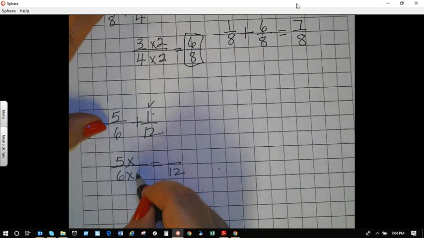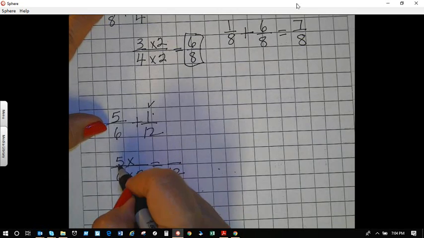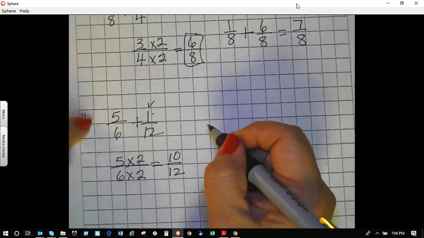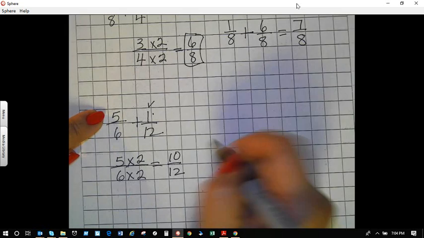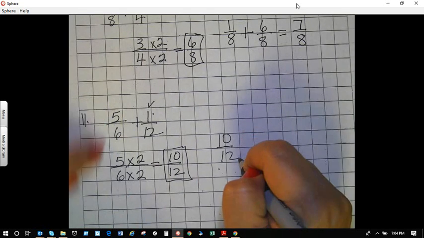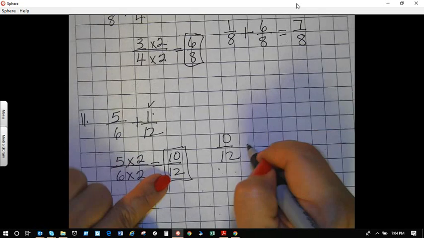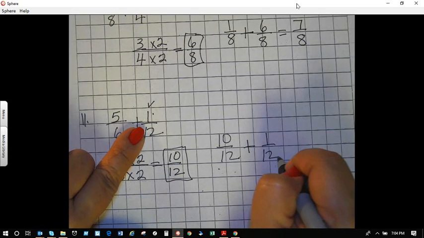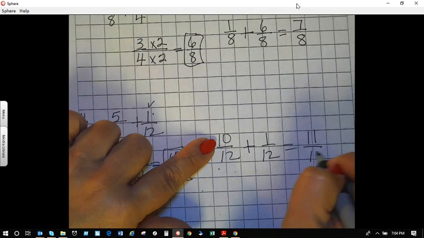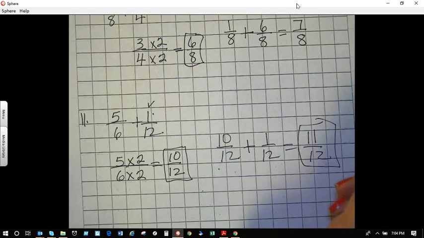So 6 times 2 equals 12, and 5 times 2 equals 10. So now I'm going to make my new equation, and I'm going to include my 10/12. Because 5/6 is equal to 10/12 plus my 1/12 equals 10 plus 1 equals 11 over 12. And there you go. And I'm only 1/12 away from a whole.